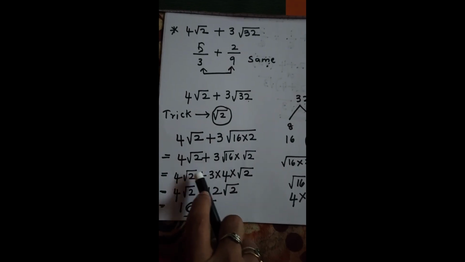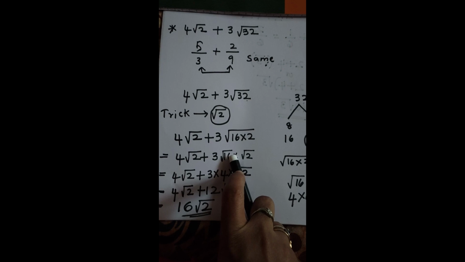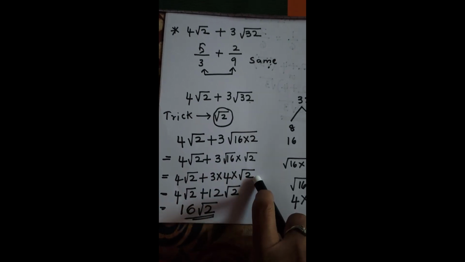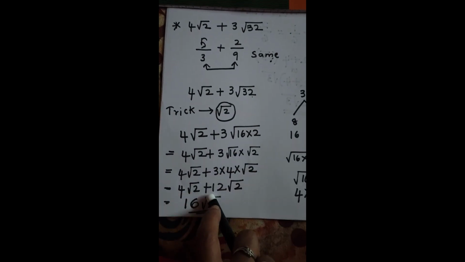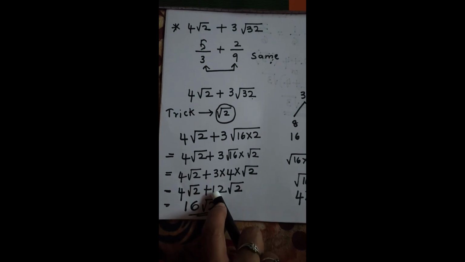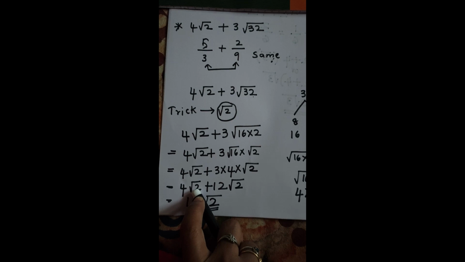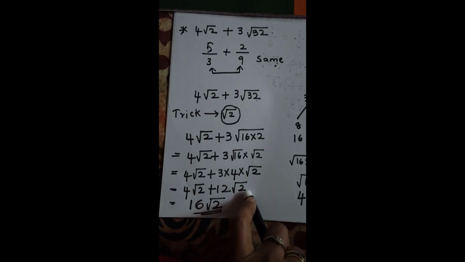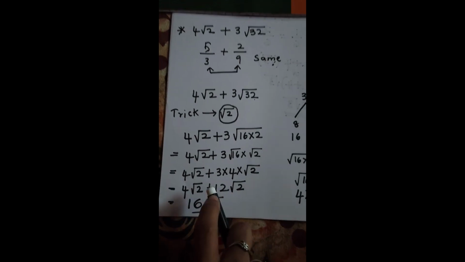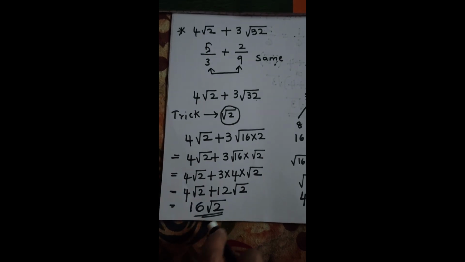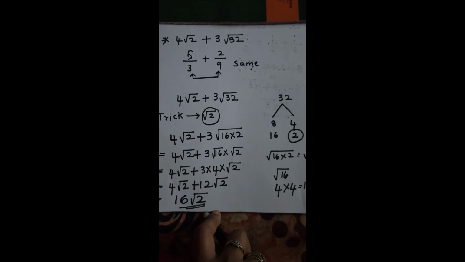Next, 4 root 2 plus 3 into 4, that is 12 root 2. We are at the last step: root 2 same, write root 2, then 12 plus 4, 16. That is the answer.